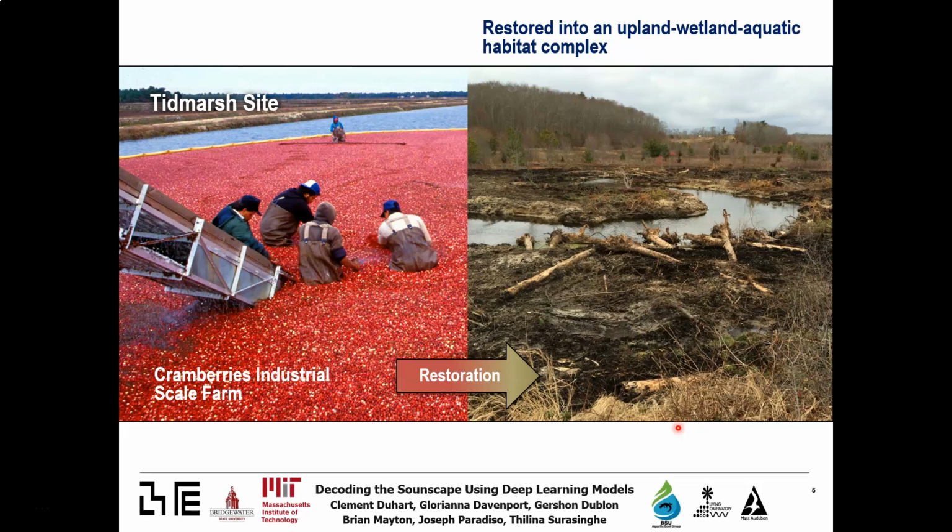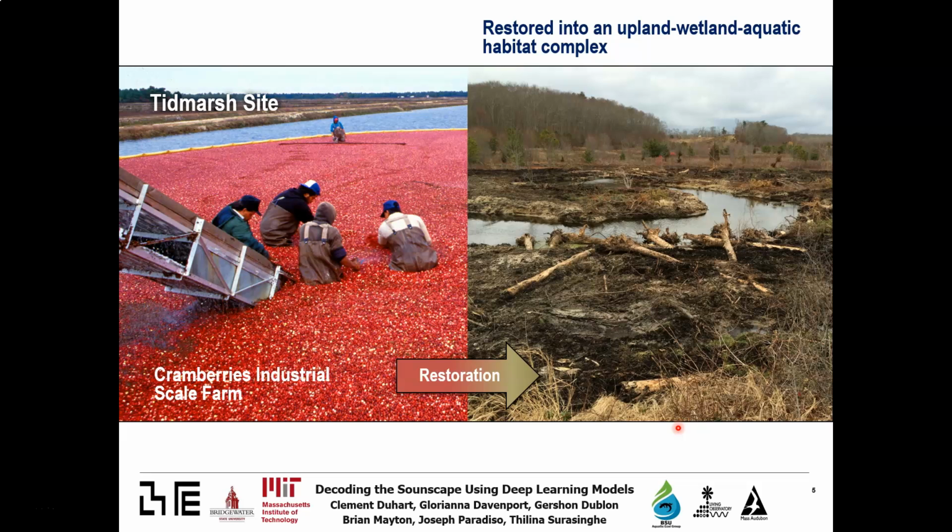Applications of fertilizers and pesticides also accentuate disturbances, right? So the idea is to take that highly modified, highly disturbed, homogeneous system and convert it, through ecologically informed, scientifically informed restoration activities, into an upland, wetland, aquatic habitat complex, right?